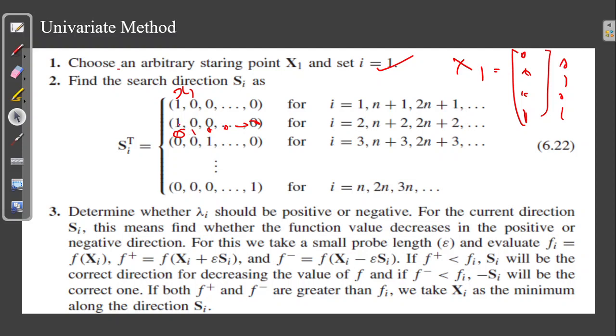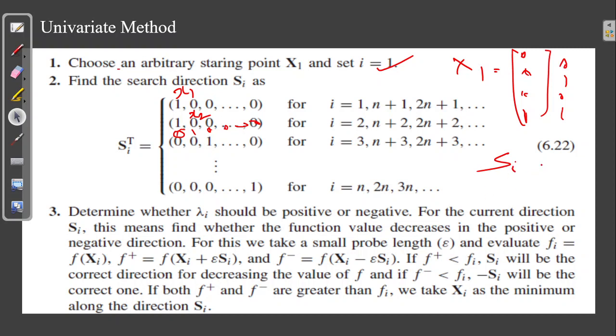In the next iteration, that is I equal to 2, we are moving in the direction of x2. So you have to take this Si, which is again a vector.